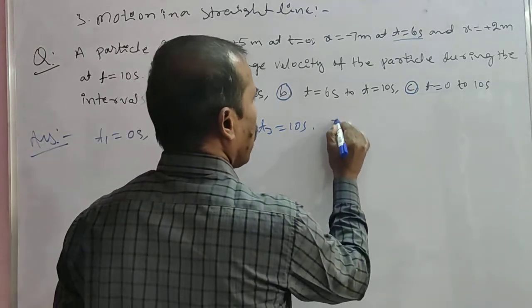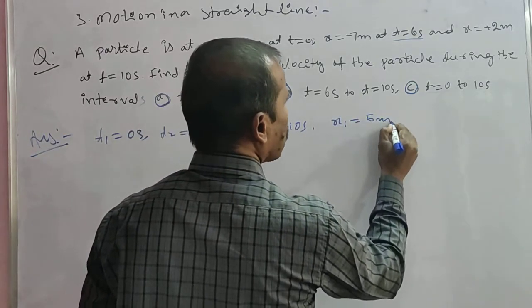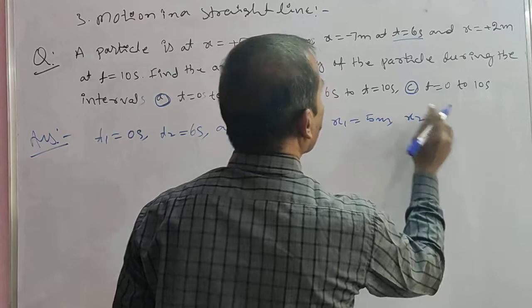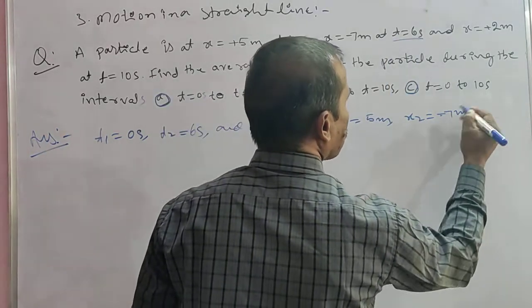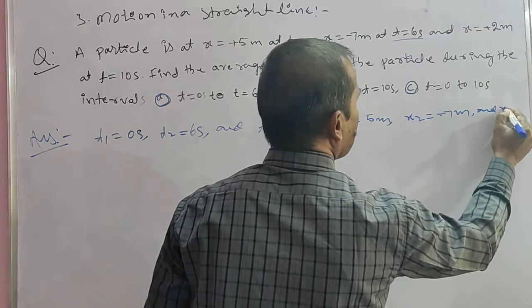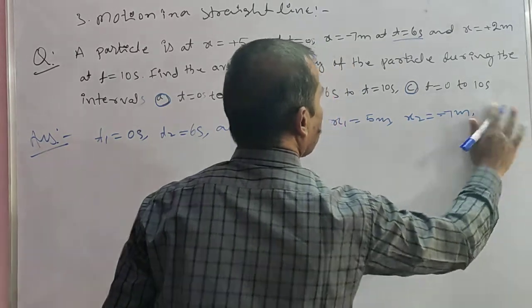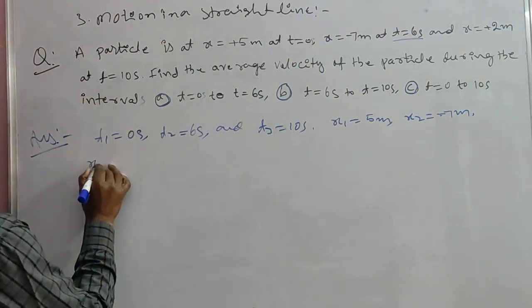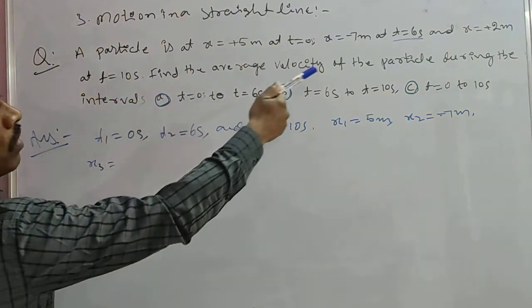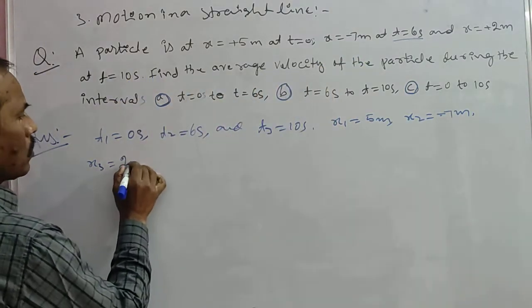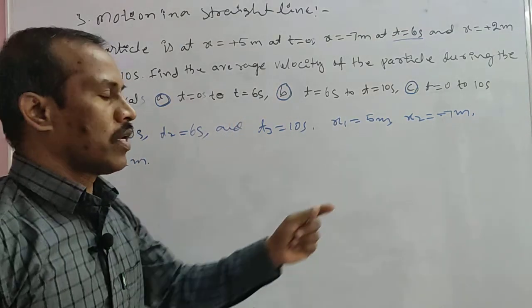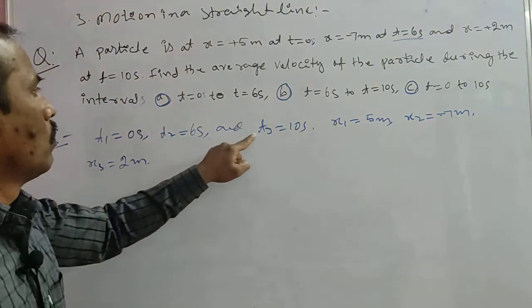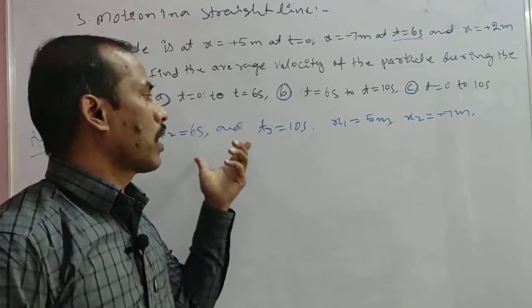So x1 = 5 meters, x2 = −7 meters, and x3 = 2 meters. These are x1, x2, x3 and t1, t2, t3.